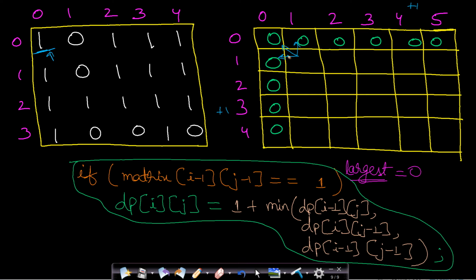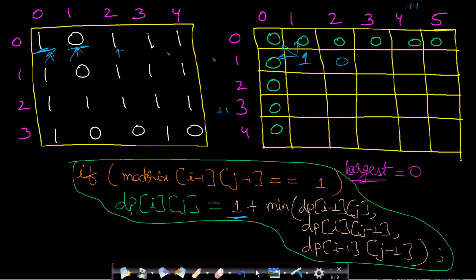So you can see that the minimum is 0. If you add 1 to it, this is the formula. If you add 1 to it, then what will be your maximum size? It will be 1. So this indicates that there was at least one 0 in these three directions, and therefore you were not able to extend the size of your square matrix. Now when it is 0, then you will simply copy 0.